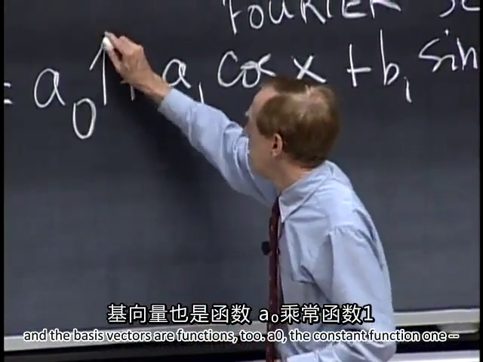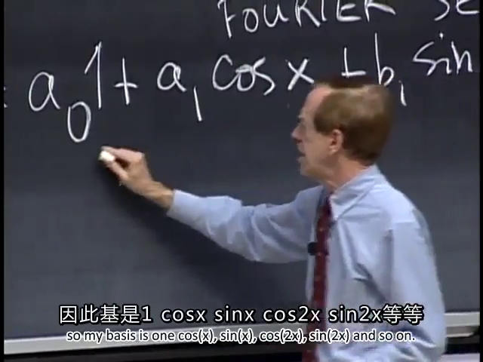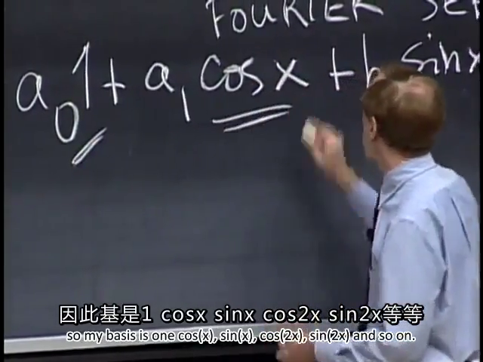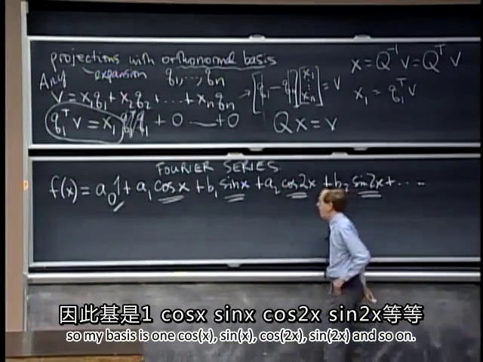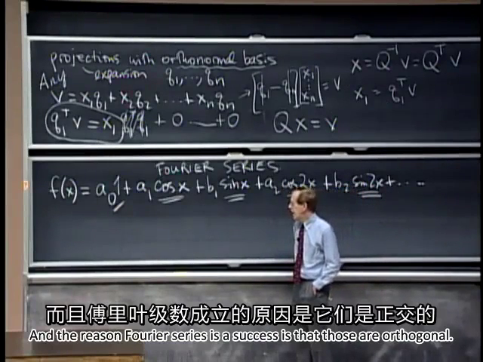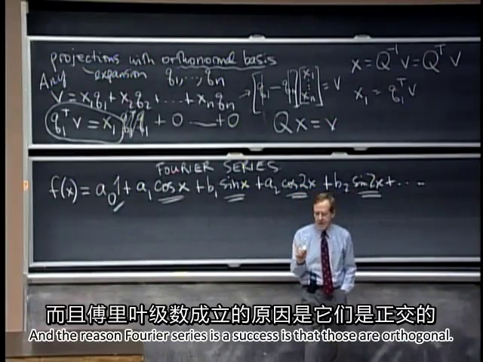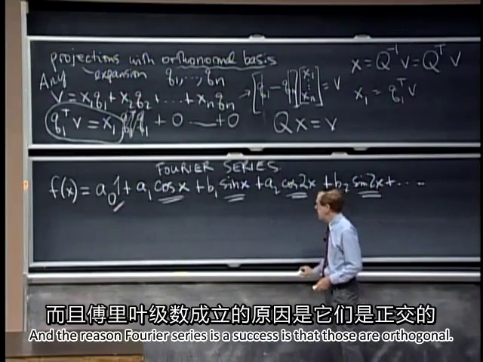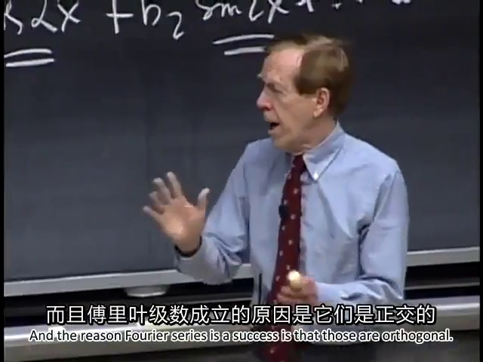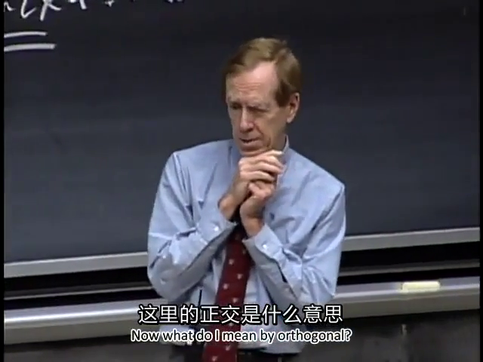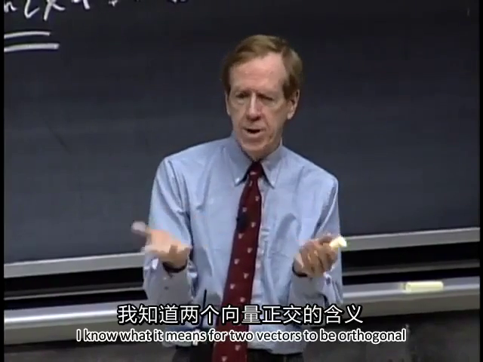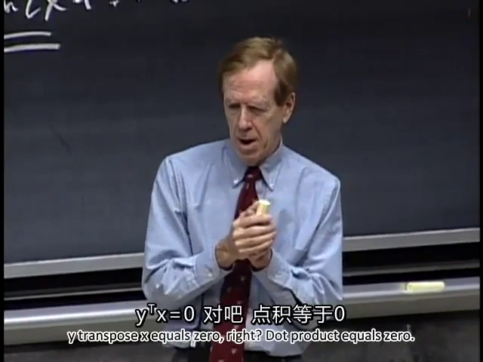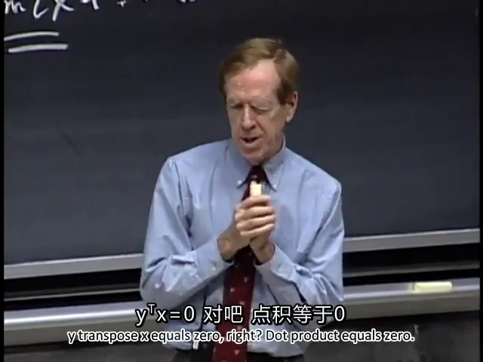A naught, the constant function 1. So my basis is 1, cos x, sine x, cos 2x, sine 2x, and so on. And the reason Fourier series is a success is that those are orthogonal. Okay, now what do I mean by orthogonal? I know what it means for two vectors to be orthogonal. y transpose x equals 0, right?